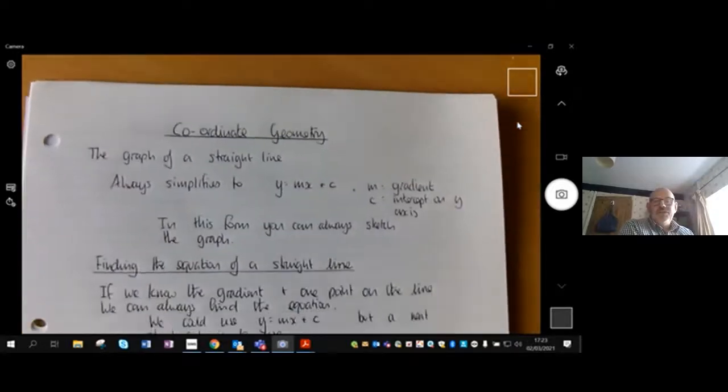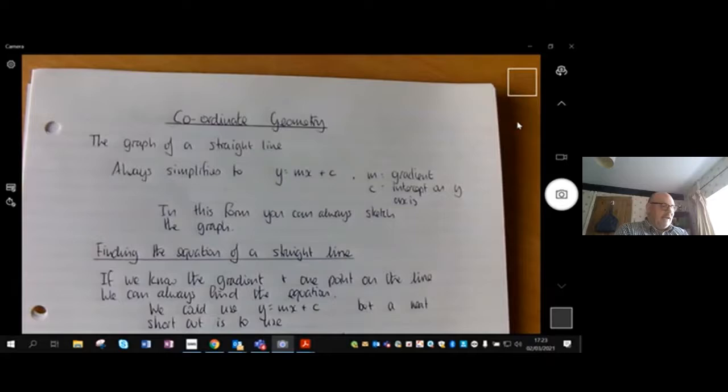Now then, finding the equation of a straight line. You will always need 2 things to find the equation of a straight line: the gradient plus 1 point on it. Now, if y equals mx plus c, m is the gradient, and you've got 1 point on it, an x and a y, if you substitute the x, the y, and the m into that, you could get c, and hence the equation of the straight line.